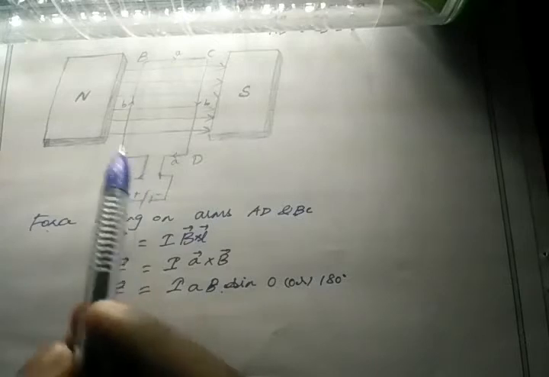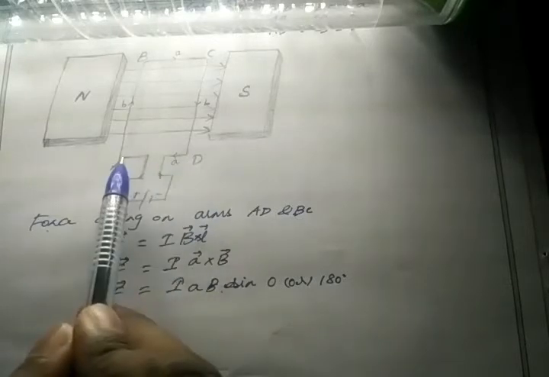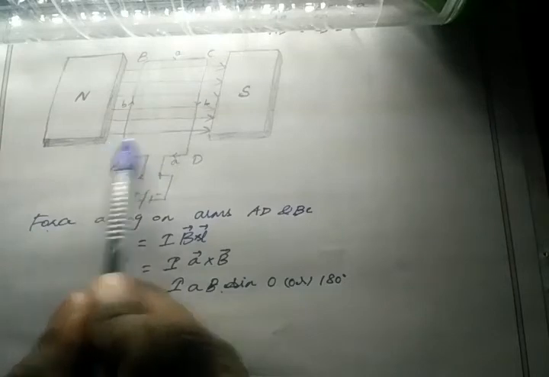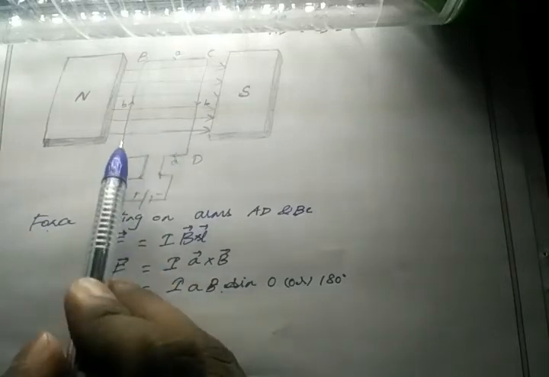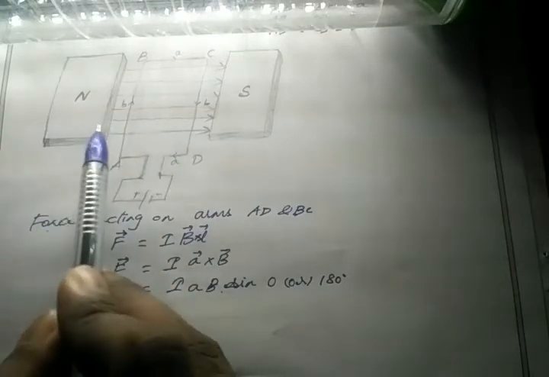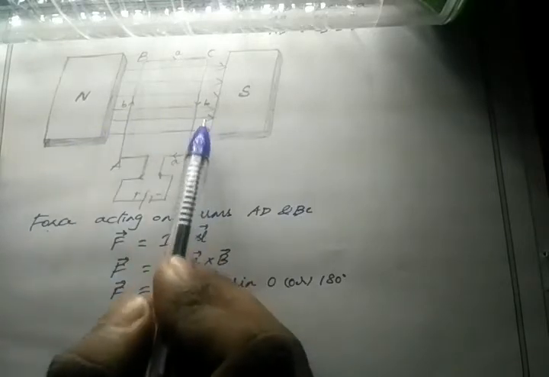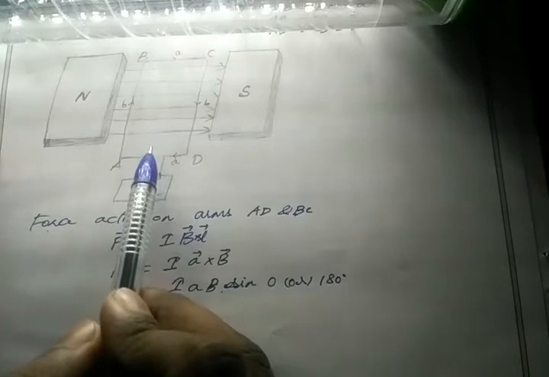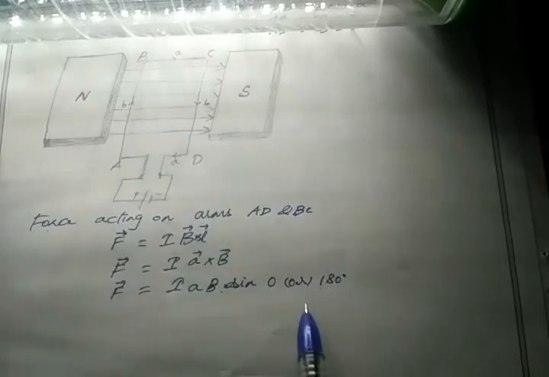Why? If you take AD, current is flowing from D to A. So D to A is anti-parallel with the magnetic field. The magnetic field moves from left to right, our loop direction is right to left, so both are anti-parallel, and here we use 180 degrees.